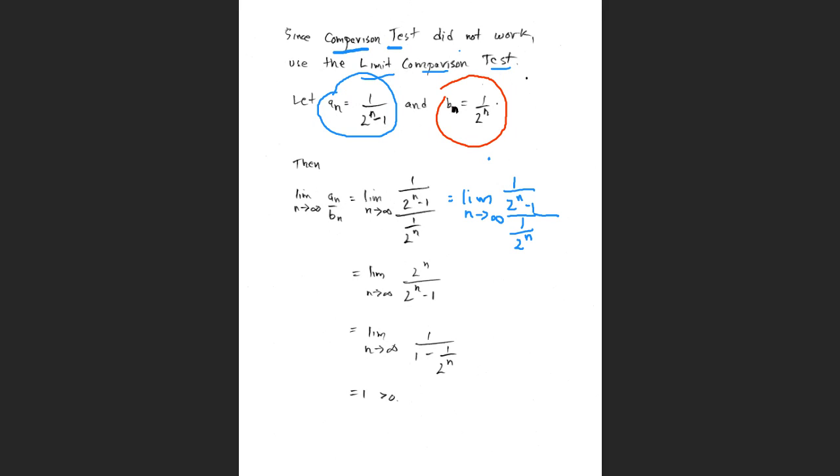And what we can do is multiply the numerator and denominator by 2 to the nth power. And when you do that, the limit of the ratio of the terms will equal the limit as n goes to infinity of 2 to the nth power divided by 2 to the nth power minus 1.